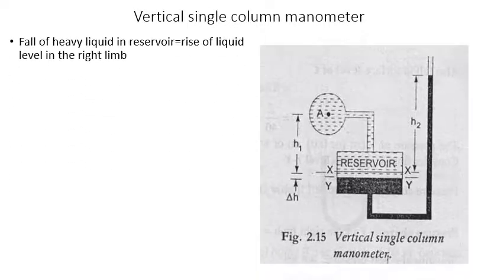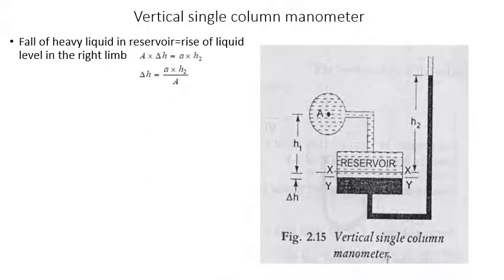The same figure is considered here. The fall of heavy liquid in the reservoir for the height of delta h is equal to the rise of liquid level in the right limb for the height of h2.